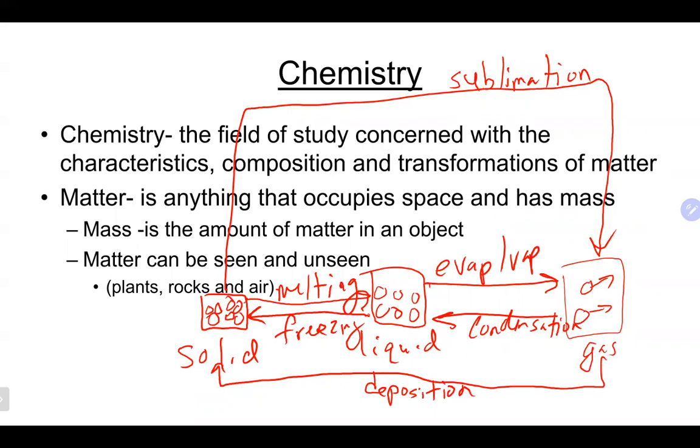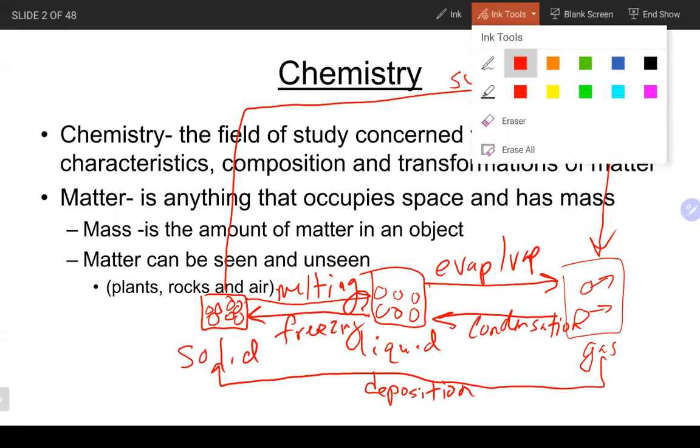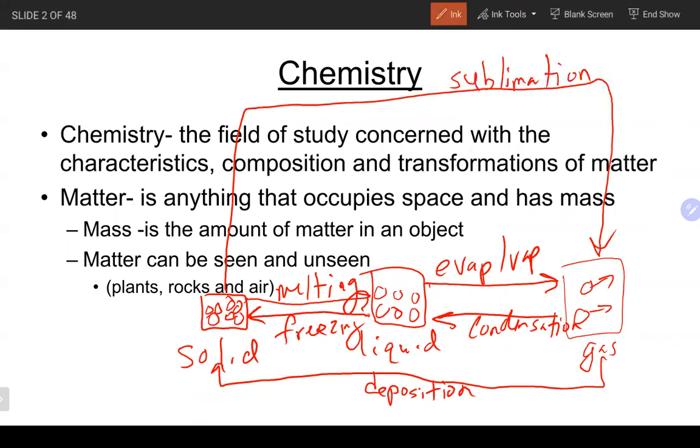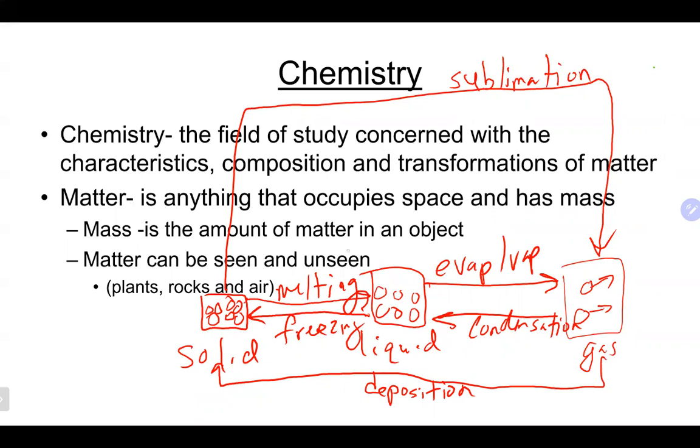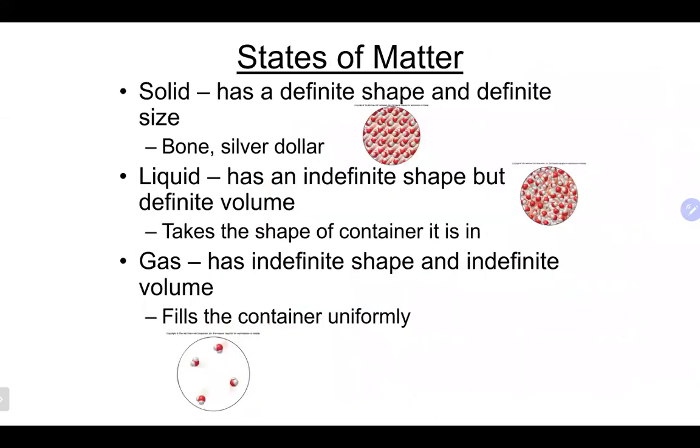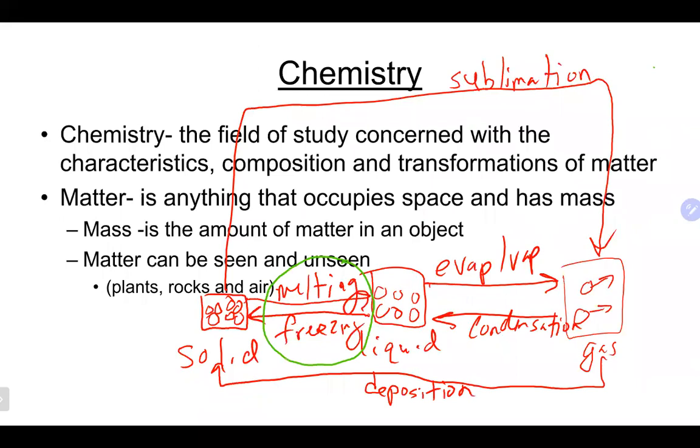Now, a couple of things that are important to think about: when these processes happen, for example, do melting and freezing occur at the same temperature or different temperatures? They actually occur at the same temperature. So something like water at 0 degrees Celsius, that is when it freezes, and that's also when it melts.